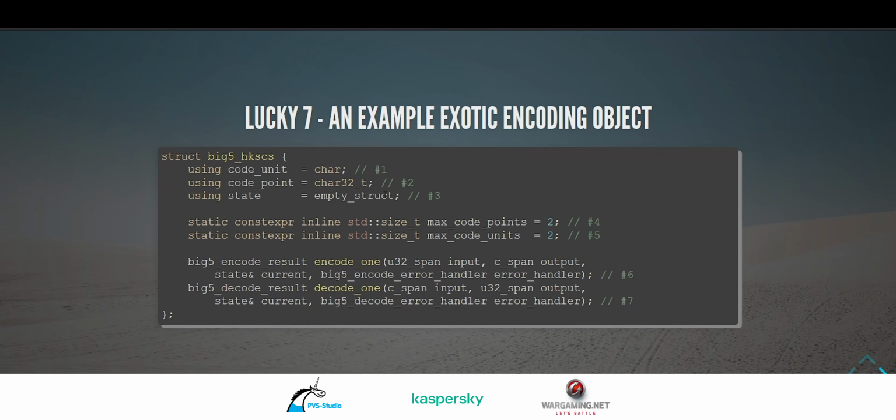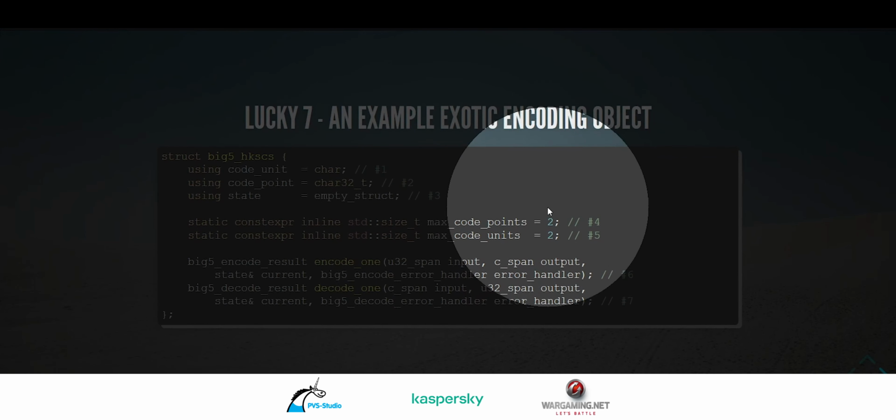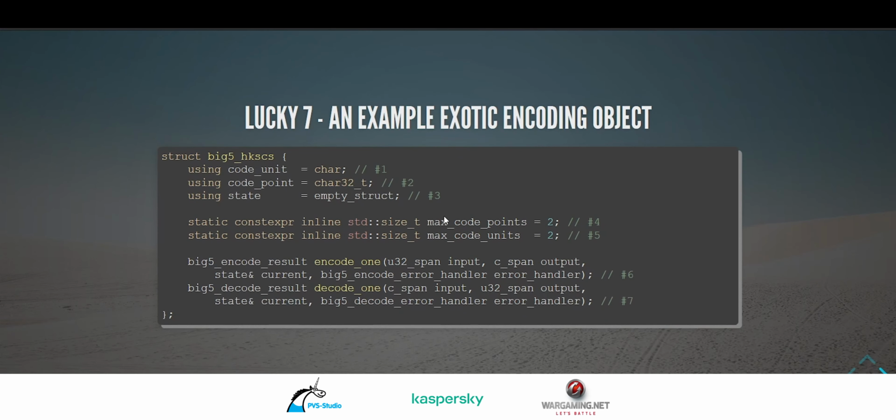But the interesting part here is this part, right? There's 2 and 2, right? So Big5 with a Hong Kong supplementary character set, most Big5 encodings are double byte character sets, or double byte encodings, right? So there's 2 bytes, and each of those 2 bytes makes up a character. Now, you can pair your Big5 with a single byte encoding, right?